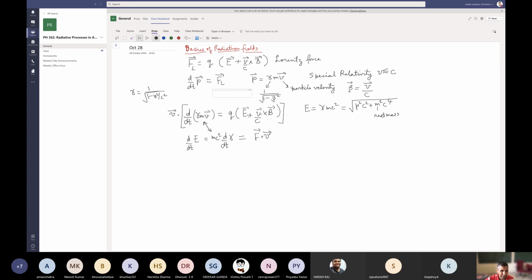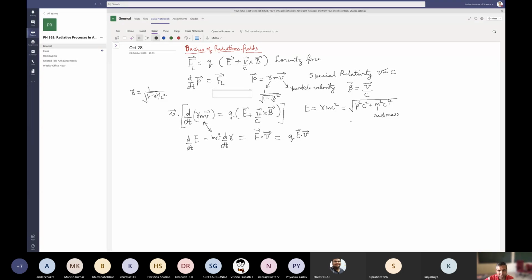And if we have Lorentz forces, if electric and magnetic forces are acting, it is just equal to q E dot v, right? The magnetic force is always perpendicular to v because it's proportional to v cross B. So v dot (v cross B) is 0.